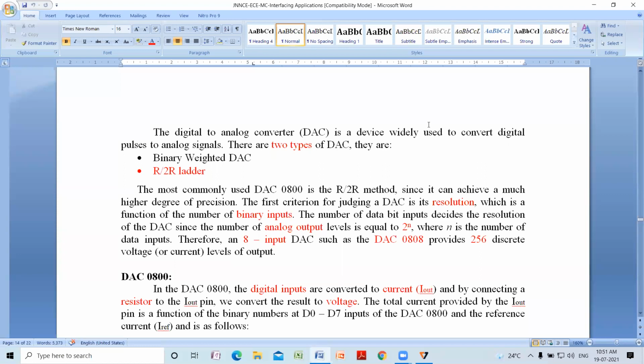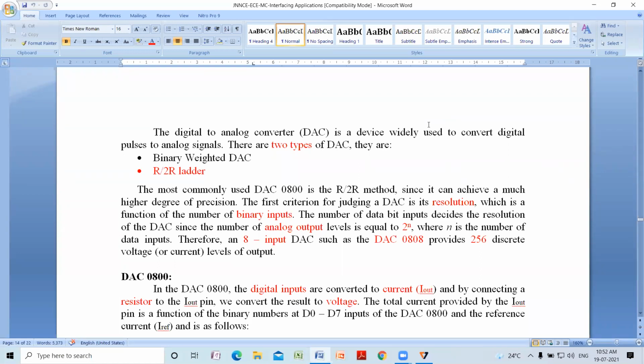The very first criteria for deciding the performance of the digital to analog converter is its resolution. What is resolution? It is the function of number of binary inputs. That is, the number of data inputs decides the resolution of the digital to analog converter, since the number of analog output levels is equal to 2 power n, where n is the number of data inputs.